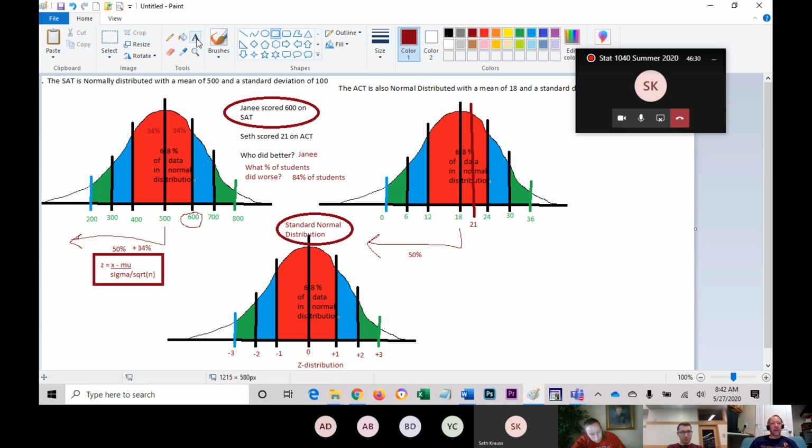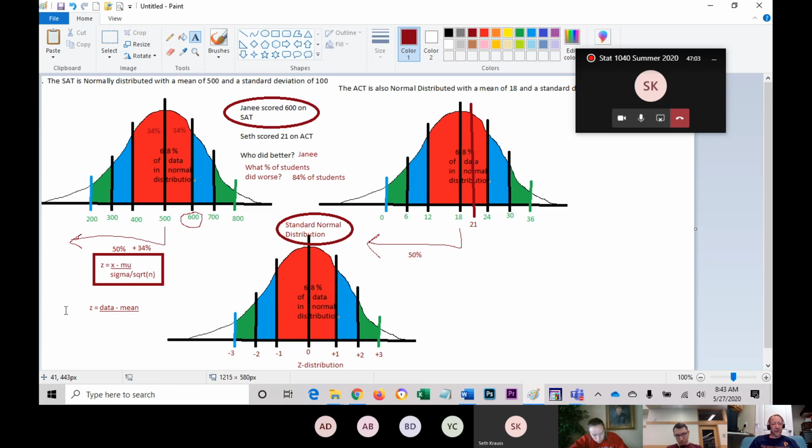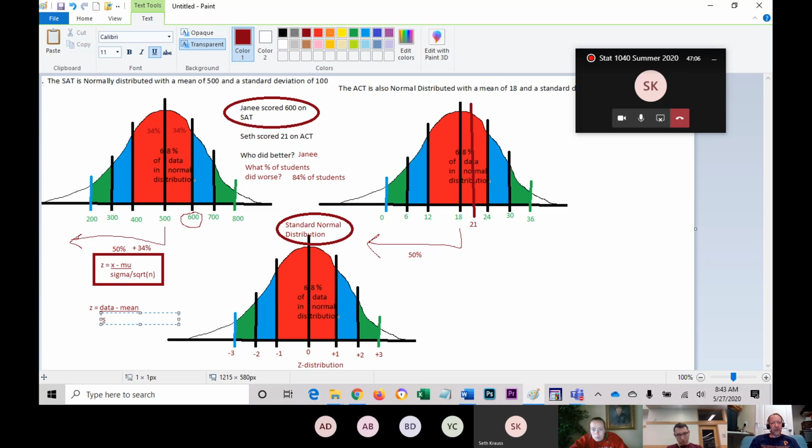So one way to think about this in terms of z: z equals x, which represents your data, minus your mean, over sigma over the square root of n.